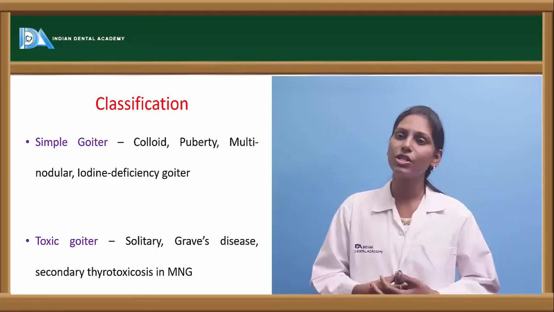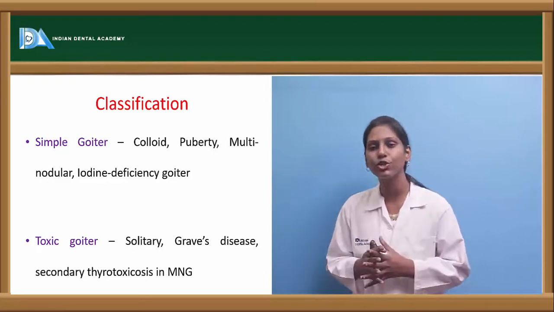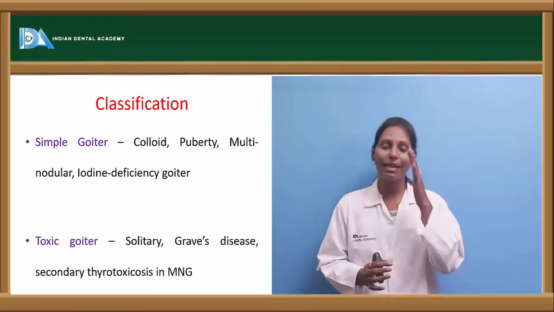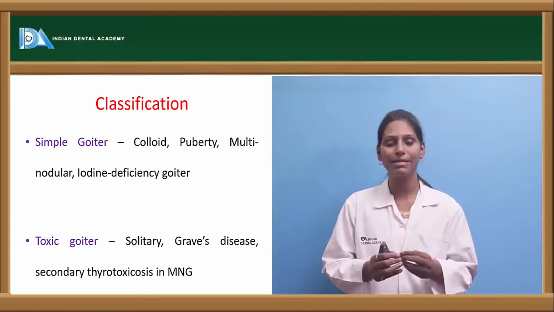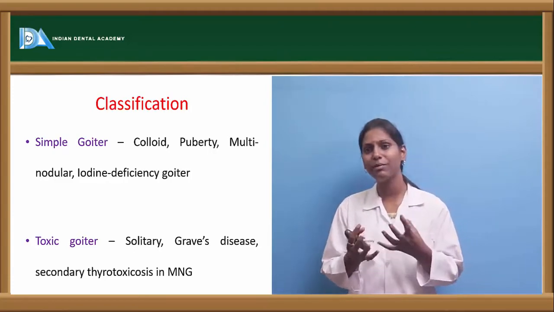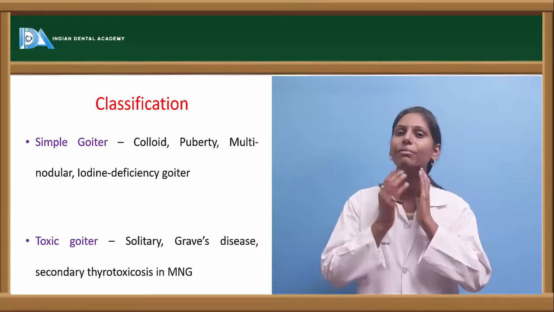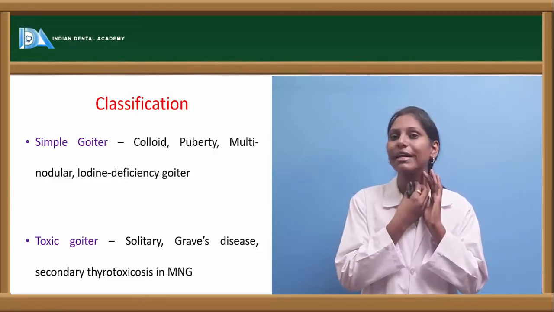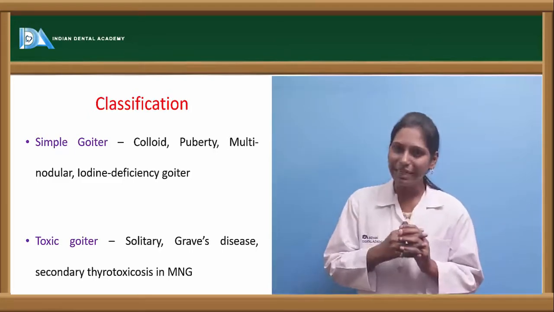This multinodular goiter is more commonly encountered in females, especially in the late 30s and 40s age group. They have diffuse hyperplastic lesions, diffuse hyperplastic goiter. Multiple nodules can be seen in one single lesion, but when we palpate, we find multiple nodules within this region.